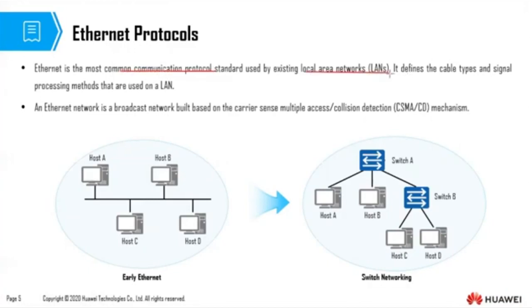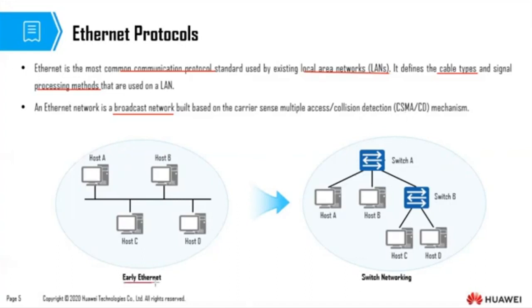So when you're talking about a LAN, then most likely we're using Ethernet to communicate because it defines the cable types and the signal processing methods that are used on a LAN. Now, an Ethernet network is a broadcast network built based on the carrier sense multiple access with collision detection, CSMA/CD mechanism. So we're going to tell you how CSMA/CD works.